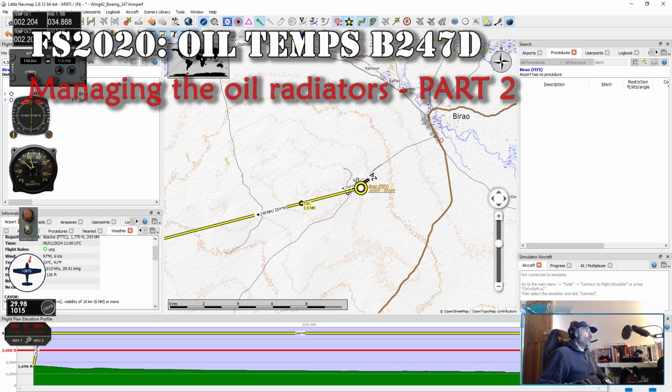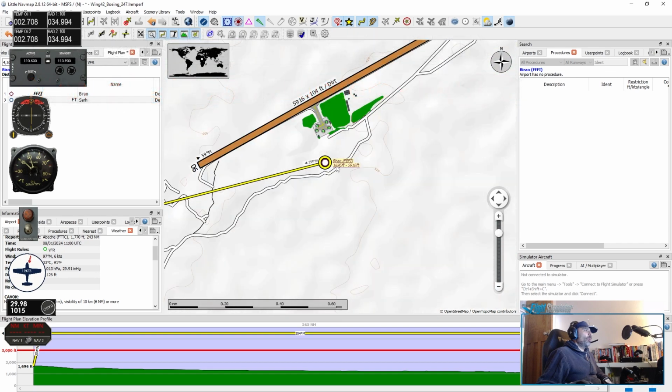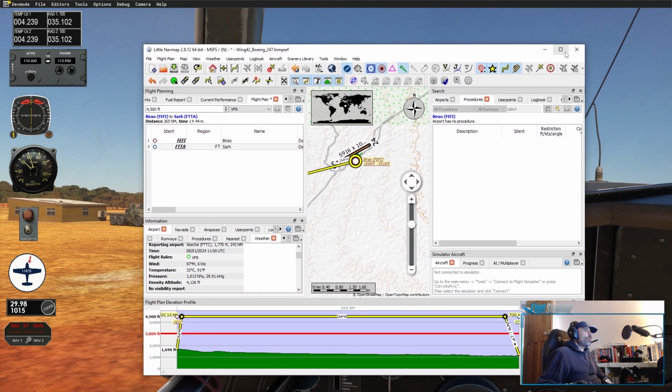This time we are in Africa. We are going to depart from Birao, Foxtrot Echo Foxtrot India. The temperature outside is 91 Fahrenheit, which is around 33 Celsius.